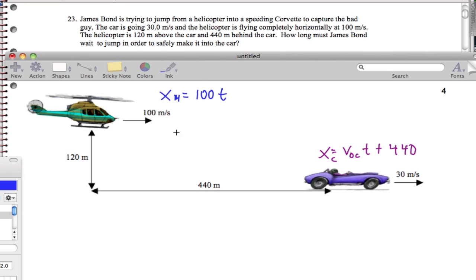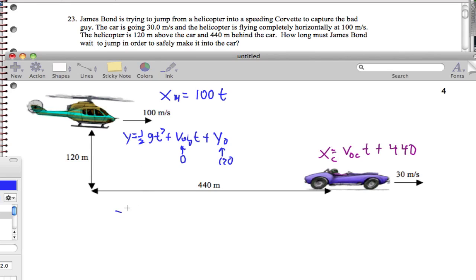Now, let's figure out how long it's going to take James Bond to fall. So we have y equals 1/2 gt squared plus v naught y t plus y naught. Here we know that v naught y is 0 and y naught is 120.